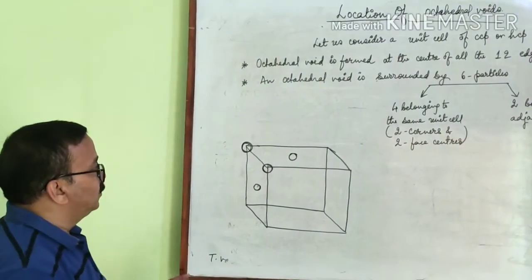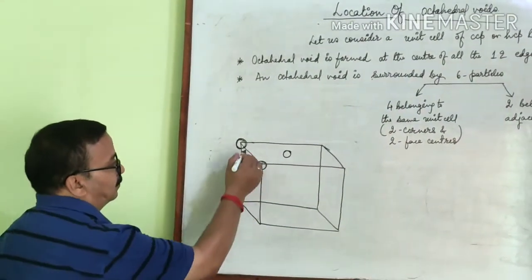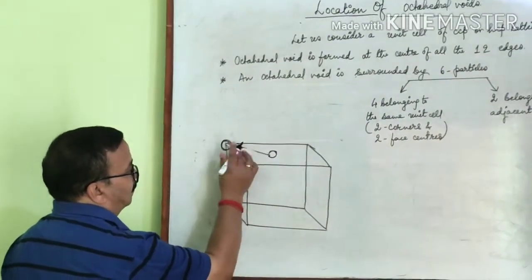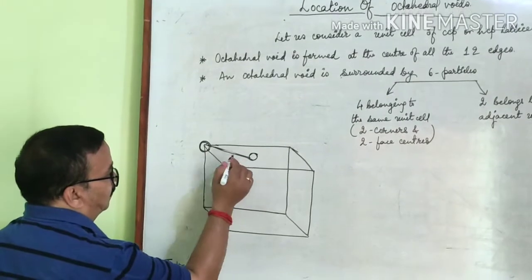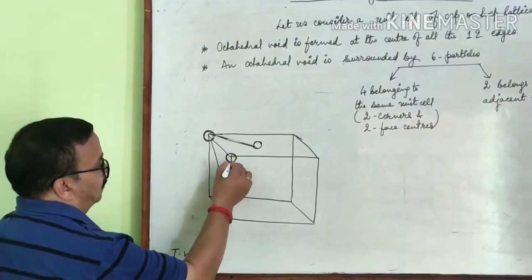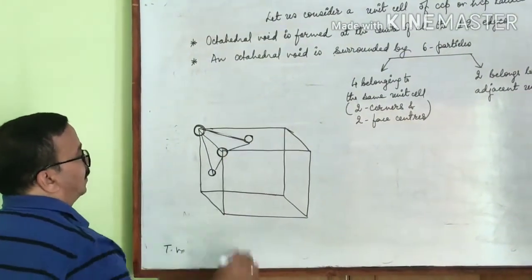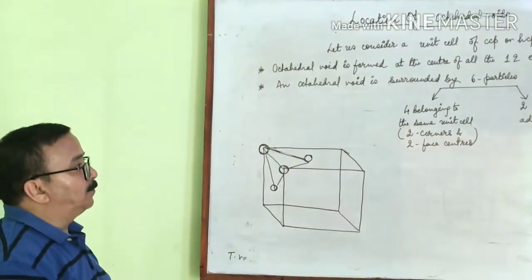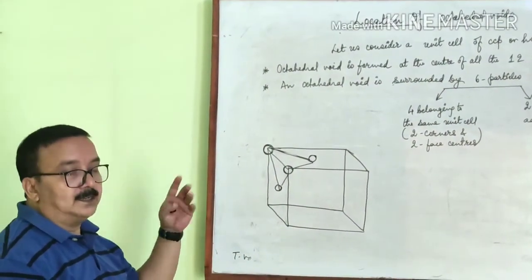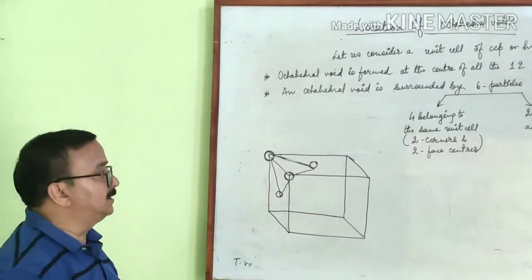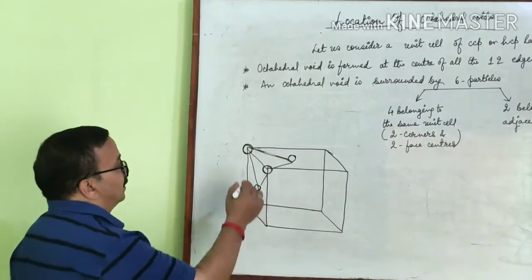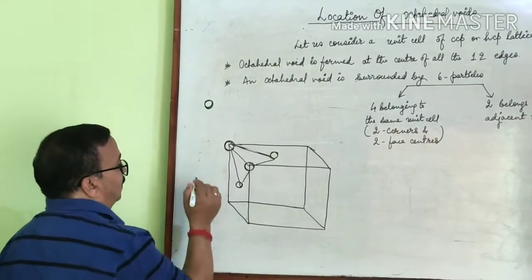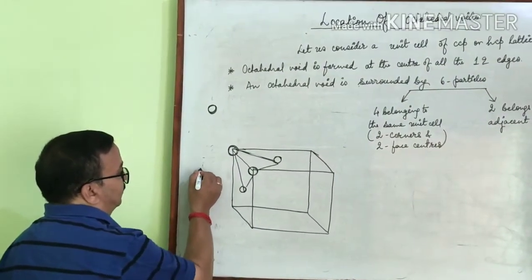Now if we join these four, two spheres are present in the adjacent unit cells. So one sphere is present here, the other one is present here.